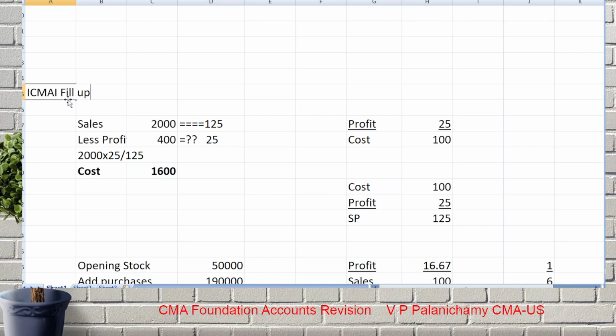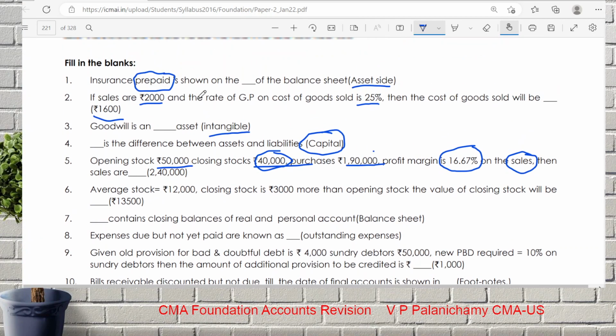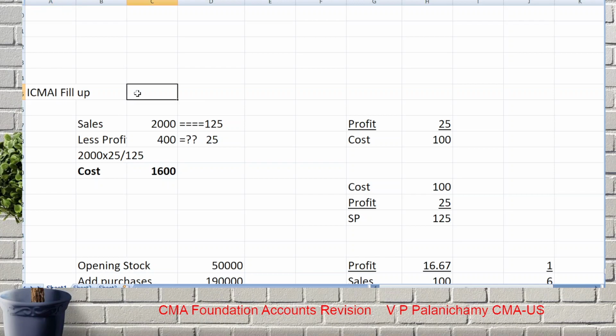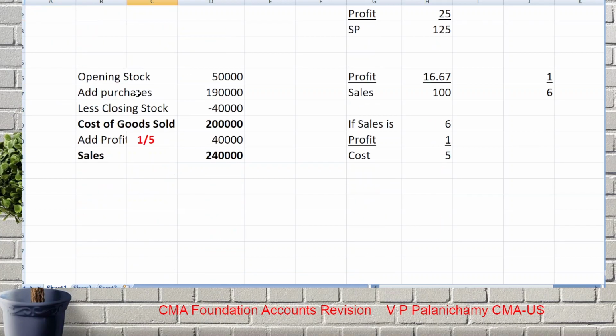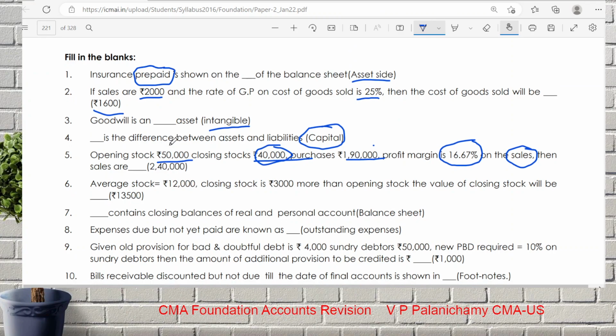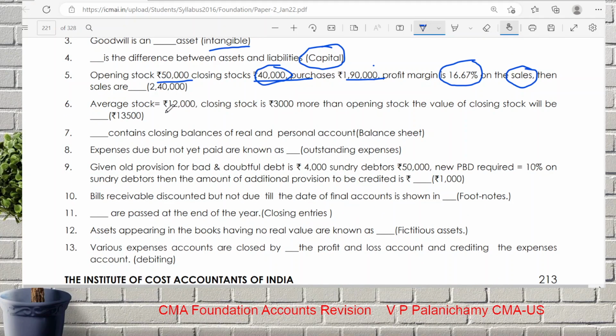This was ICMAI. Fill up question number 5. Then look, what average stock is given? 12,000. Closing stock is 3,000 more than the opening stock value.